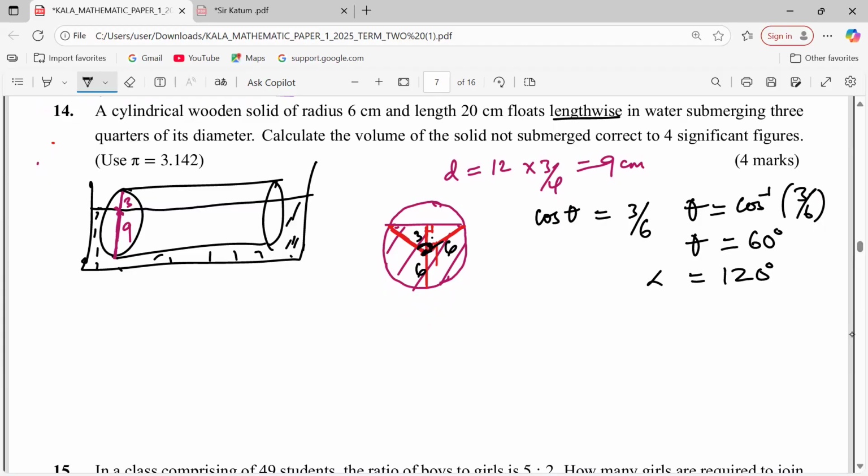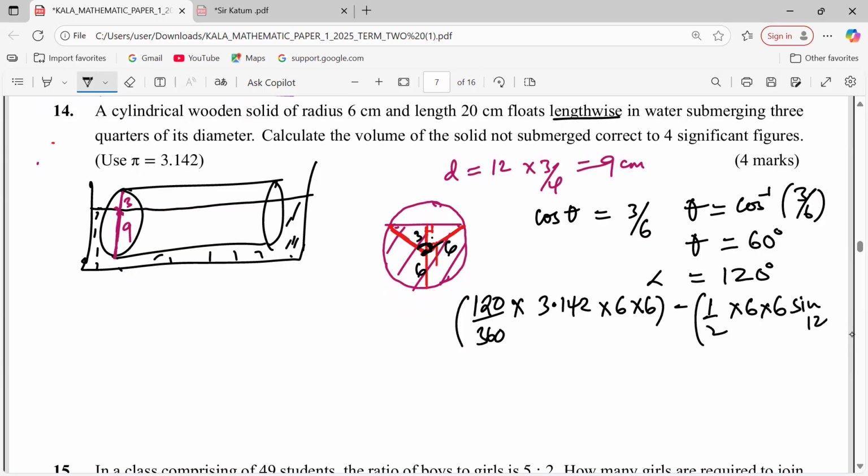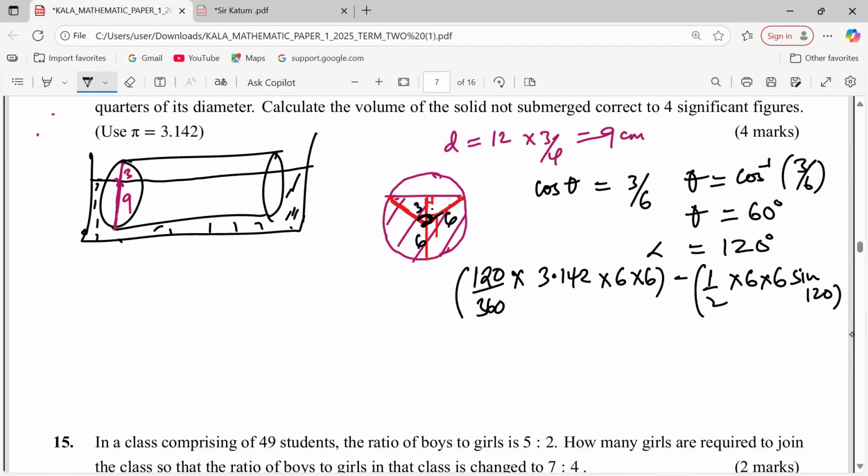So how do we get area of a minor segment? We need area of sector, which is 120 over 360 pi r squared. Then we are supposed to subtract the triangle, for which we need half times 6 times 6, the sine of 120. Let's compute that now. 120 over 360 pi r squared gives us 37.704.